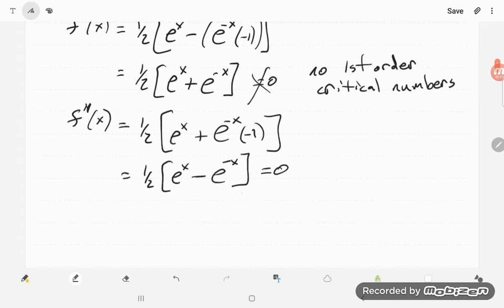And we see that, well, I can multiply both sides by 2, and then we get e to the x needs to equal e to the minus x.